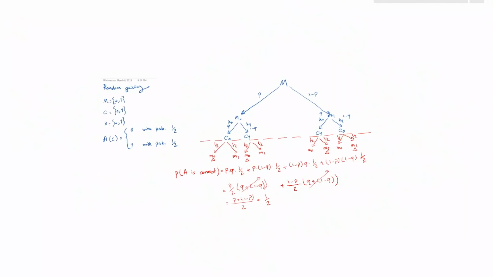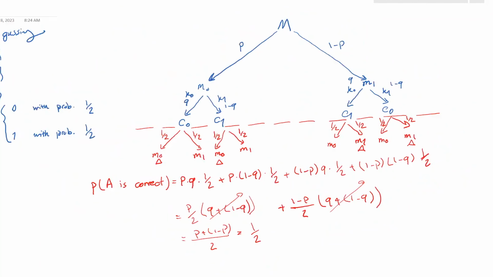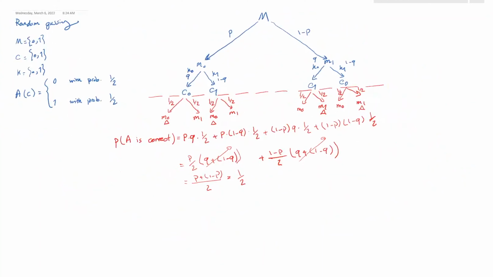So this didn't really surprise us. We knew that if somebody just guessed randomly, he shouldn't win with a higher chance. But I think it was a very good practice for you to see how we use the computational tree.